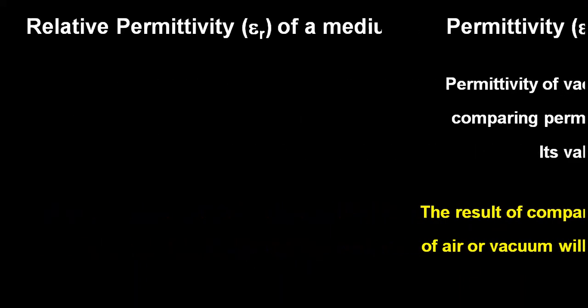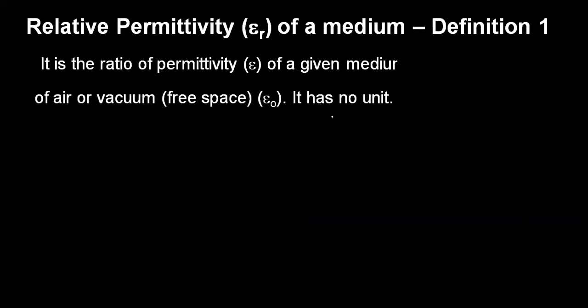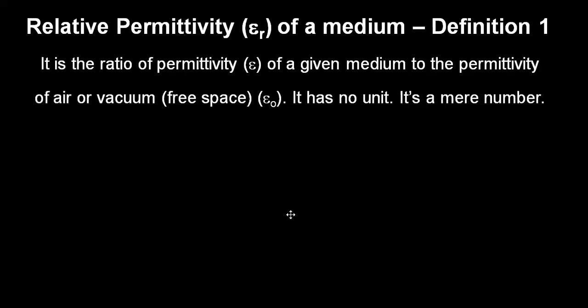Right. Now, we will go into the definition of relative permittivity, denoted by epsilon sub r, of a medium. We'll have two definitions. We'll see the first definition. Relative permittivity of a medium is defined as the ratio of permittivity of a given medium to the permittivity of air or vacuum.